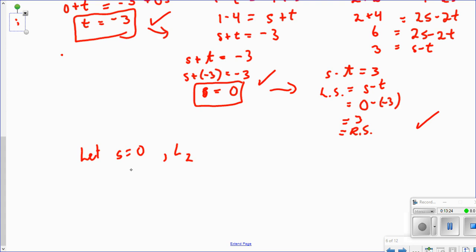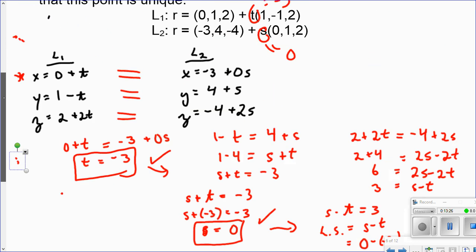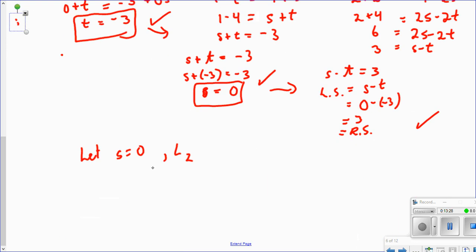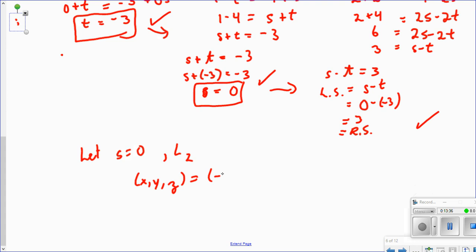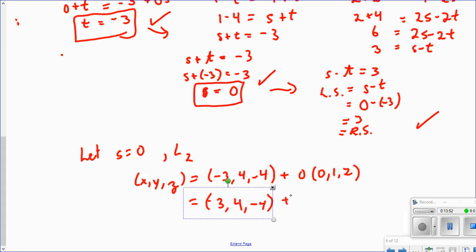L2 is the line we're going to use, and our point in L2 is the point x, y, z, which equals negative 3, 4, and negative 4, plus 0, my s value, times 0, 1, and 2.